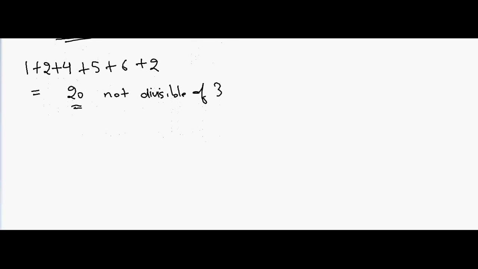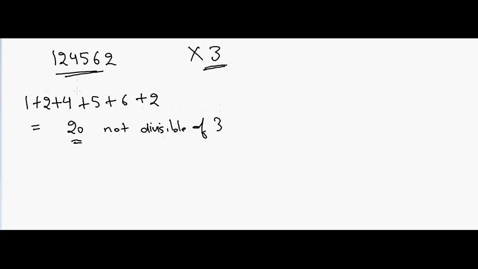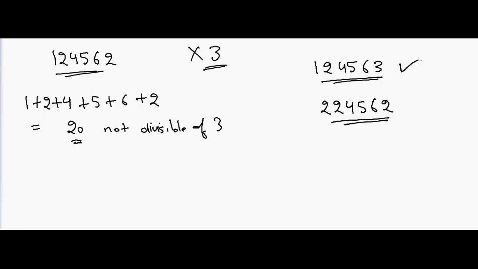So what should the number be if it has to be divisible by 3? If instead of 2 you make it 3, so 1 2 4 5 6 and write 3 at the end, then the sum becomes 21, so that number should be divisible by 3. Or we can change any other digit. We can say 2 2 4 5 6 2, that should also be divisible by 3.